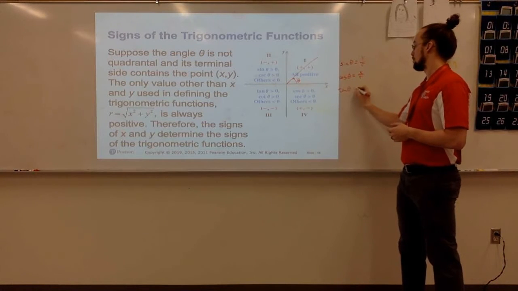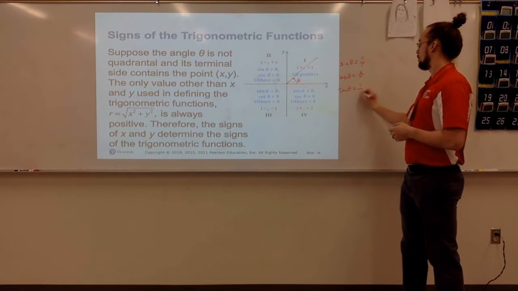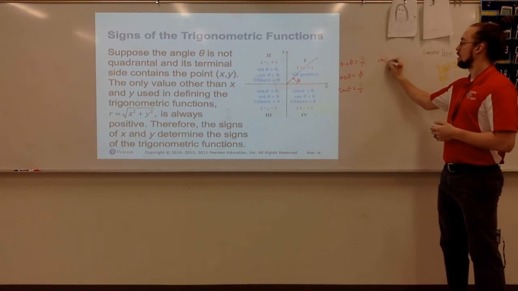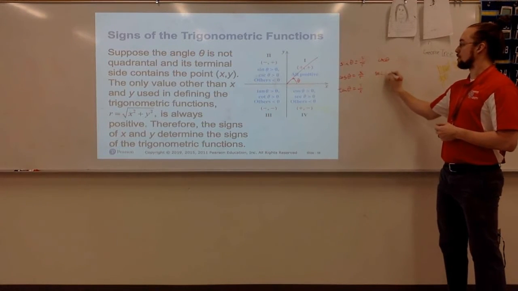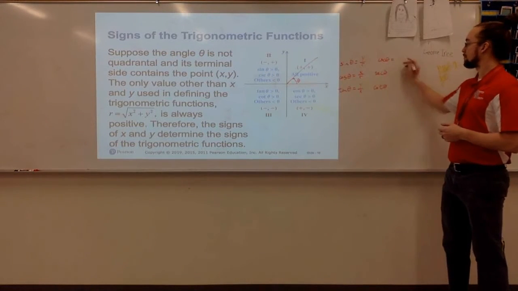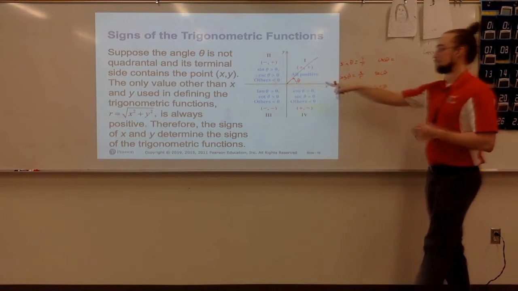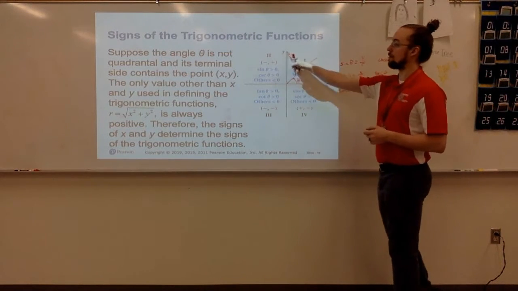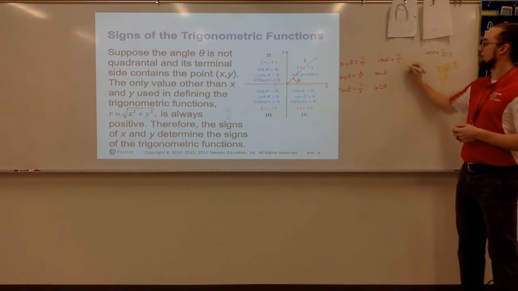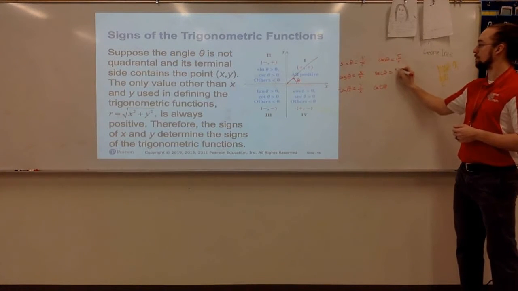Tangent was the y value over the x value, and then cosecant, secant, and cotangent were just the reciprocals of those. So since the x value and the y value are both positive in the first quadrant, all of these trig functions will be positive.